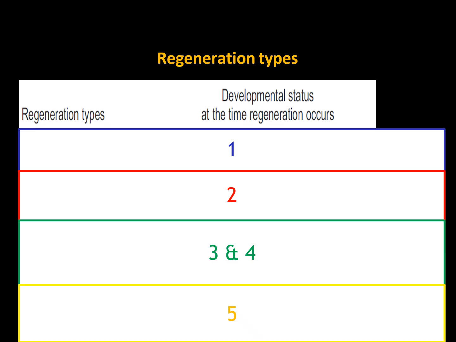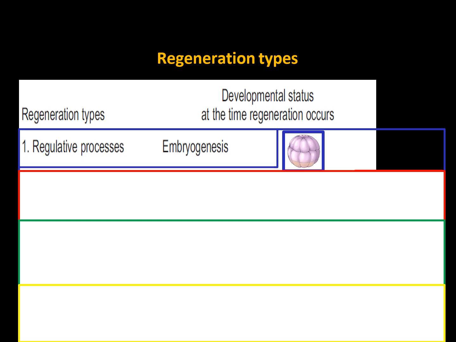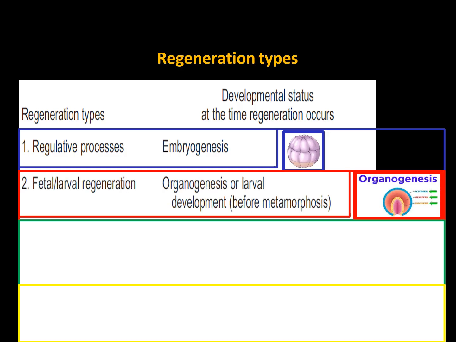Let's now talk about it in terms of types. So the first type is during embryogenesis. So we talk about this, that for example in frogs, if you kill one of the cells in the early embryogenesis, you are able to regenerate it. Something similar happens during organogenesis.